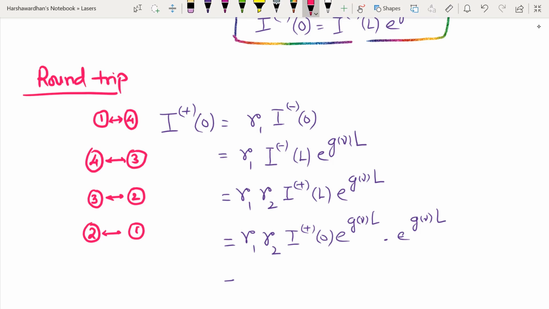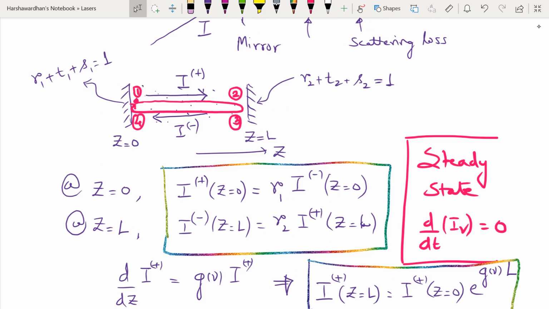So you see, this is how I've gone in a round trip, and I can effectively write this total round trip result as the following. That's R1 times R2 times exponential 2 times g of nu times L, because we have gone through the length 2L as we go around, times I plus at 0. So you see that, for example, I can consider that mirror 1 has got transmission which is 0, and mirror 2 has got transmission which is finite.